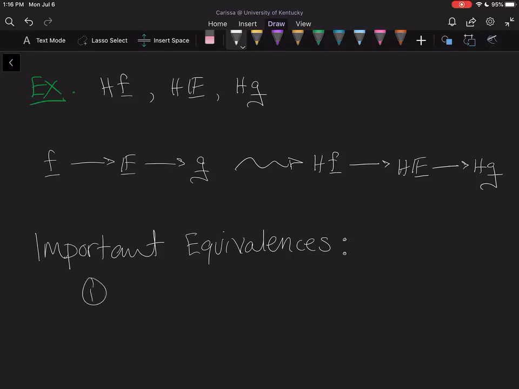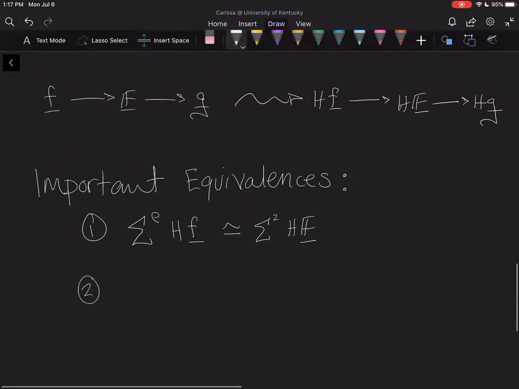So just believe me for now when I say that when you take the rho suspension of H little f, that is actually homotopic to the second suspension of H capital F. And when you take the sigma suspension of H little g, you just get Hg back again.